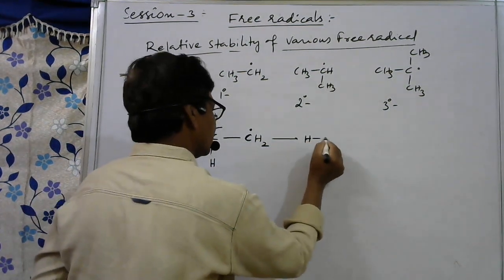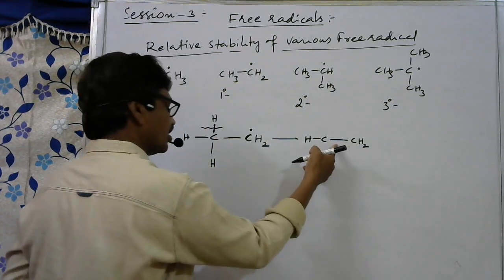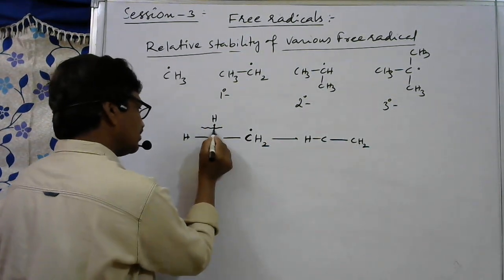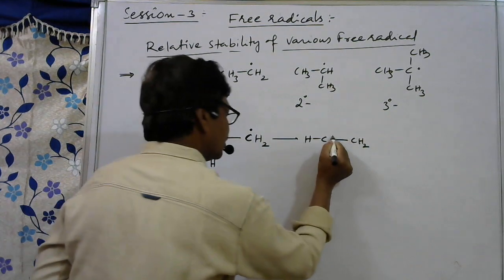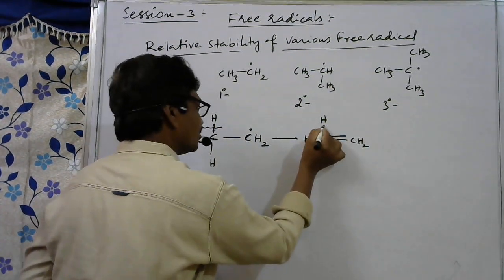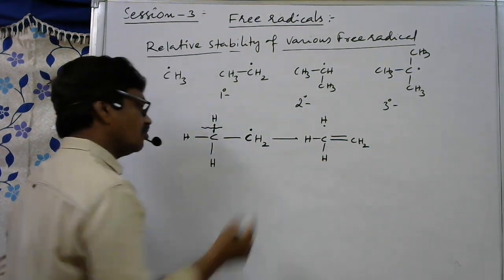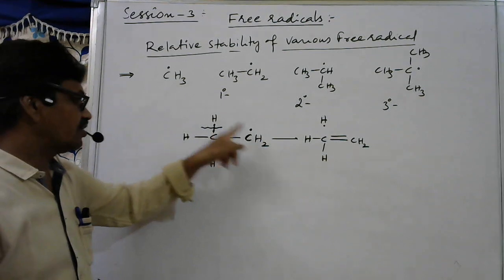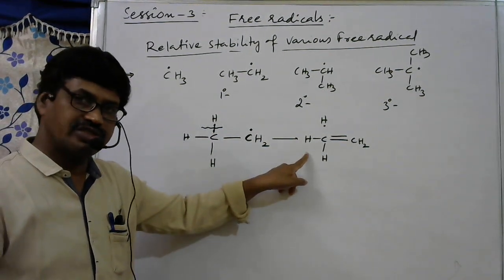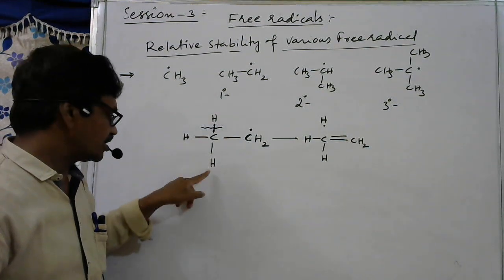So H, C, this bond is already present. This free radical and this free radical, when both combine with each other, we can get a double bond. Here hydrogen remains with one electron, with one bond. Like this, how many can we write? With respect to this one, one hyperconjugated form. With respect to this one, one more. With respect to this third one, another.